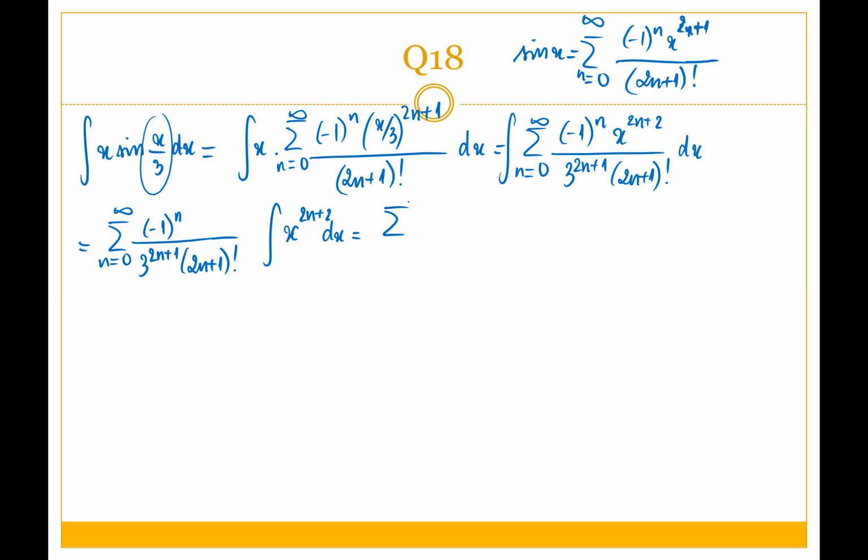What we end up having is x to the 2n plus 2 over 2n plus 2 plus c. Going from here to here, the power changes, and also you need to divide by the new power. So that is what I have for the answer.